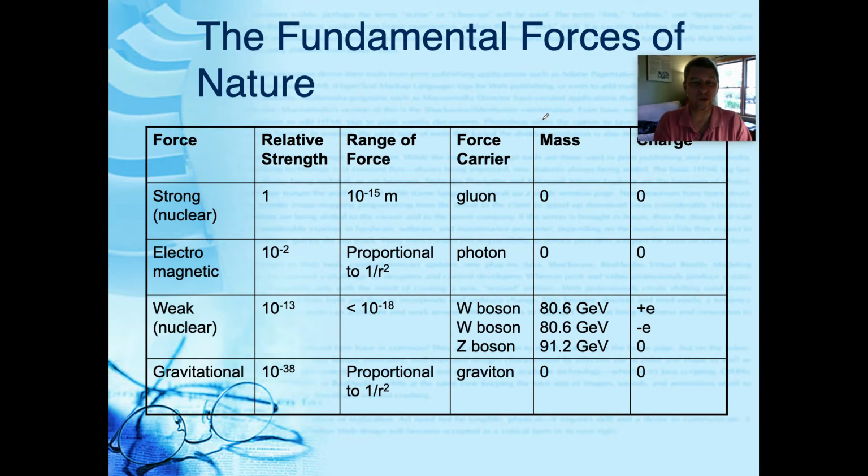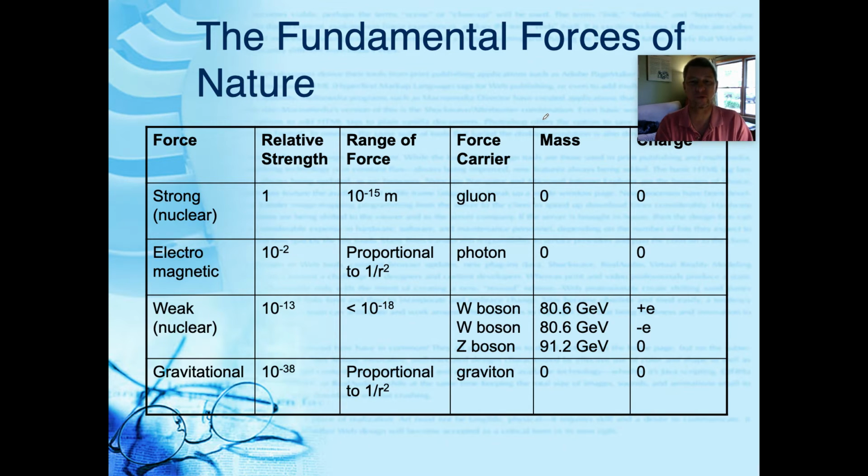So that's 1,000 times less than the strong nuclear force. Notice that the electromagnetic and gravitational forces don't really have a range, but rather are proportional to the inverse of their distances squared. And you know that both from Newton's law of universal gravitation and Coulomb's law of the electrostatic force.